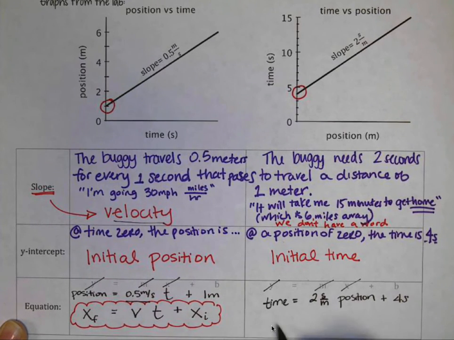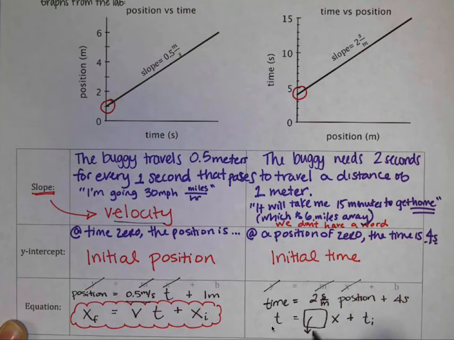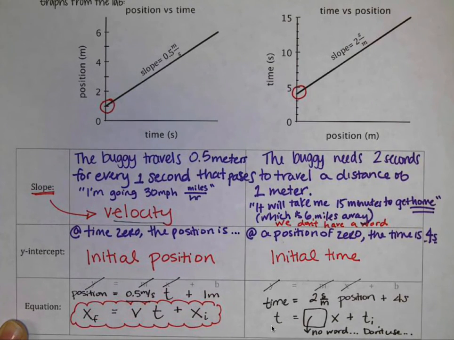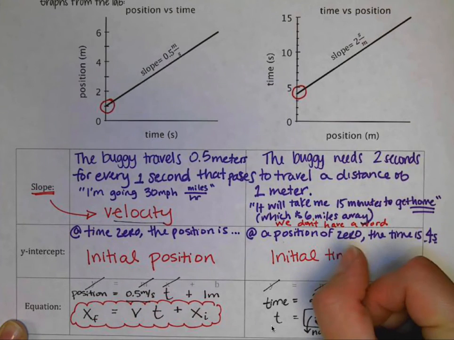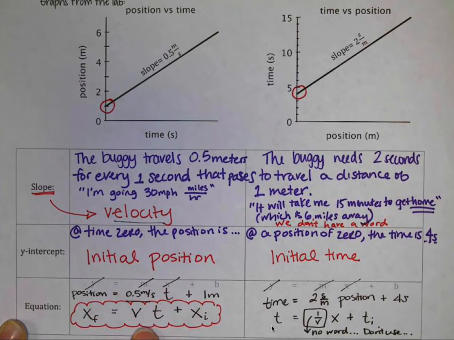If I wrote that in abbreviations, time is equal to, no word, shoot, so we just have to leave it blank, times x plus your initial time. So, since there's really no word for that, we don't use this equation. You could call it the inverse of velocity, but why would you? We would just want to use this one.